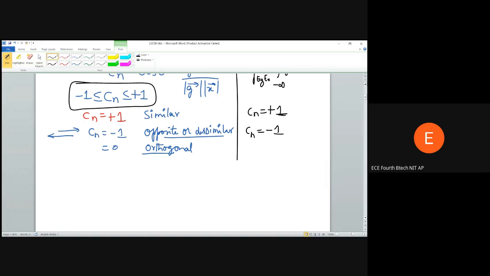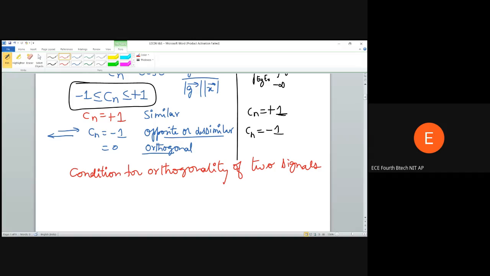Condition for orthogonality of two signals. This we defined earlier, just a recap.